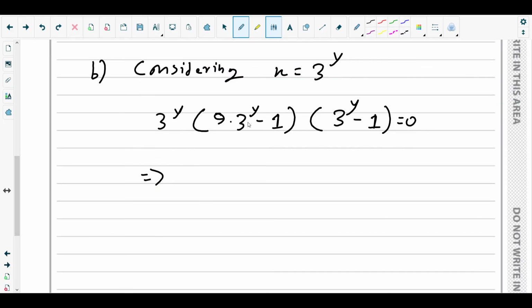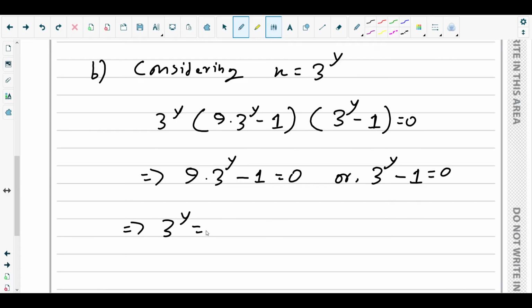Either 3 to the power y equals 0, but an exponential value can never be 0, so ignore this one. So you will have either 9 times 3 to the power y minus 1 equals 0, or 3 to the power y minus 1 equals 0. Make 3 to the power y the subject from both factors.